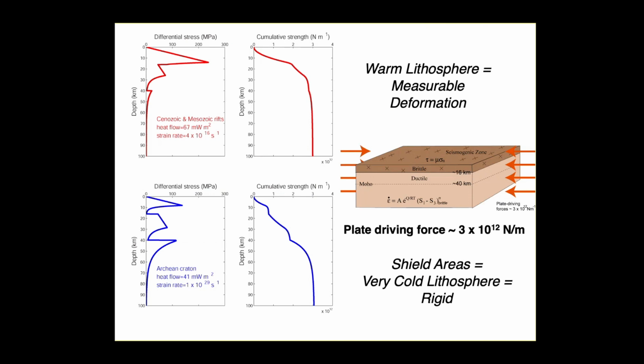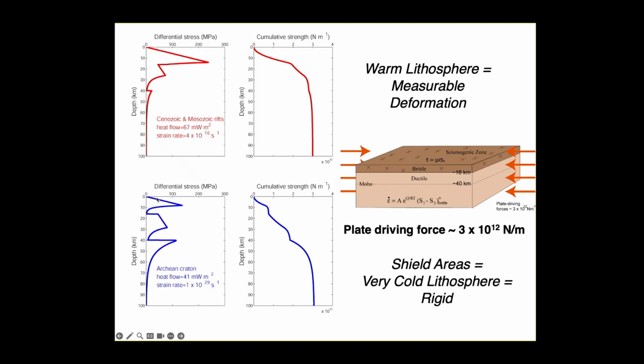So here are a number of strength profiles. These are slightly more complicated, aren't they? Differential stress in megapascals, right? Here we're seeing Byerlee's curve going down to there. We're looking at 67 milliwatts per meter squared. These are Cenozoic and Mesozoic rifts, and here's an Archean craton. What you can see for these strength profiles, both going down 100 kilometers, is that for the rifts, all of the strength they have is in the upper crust, and there's almost no strength below that.